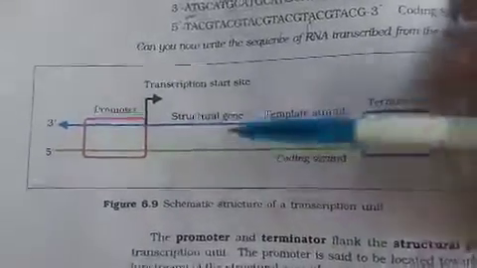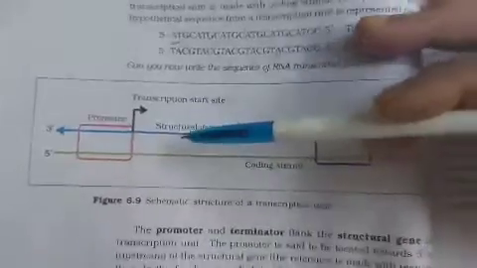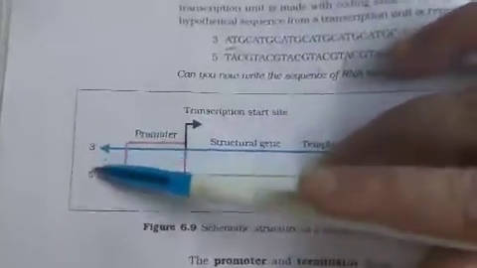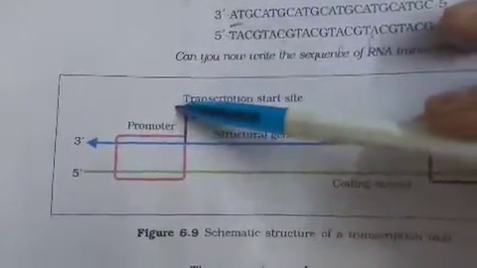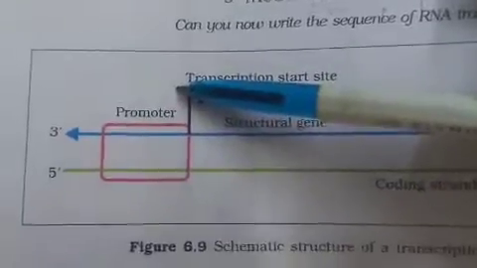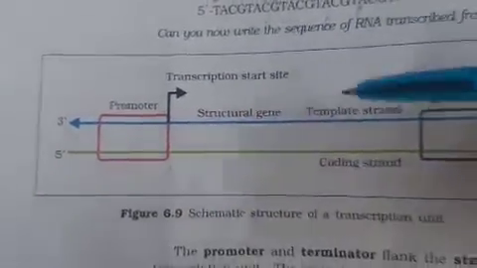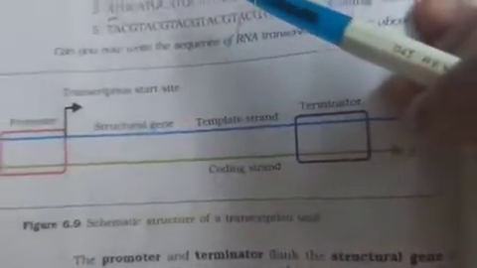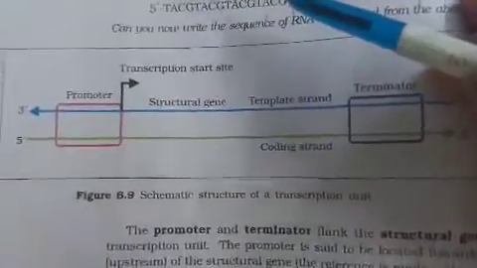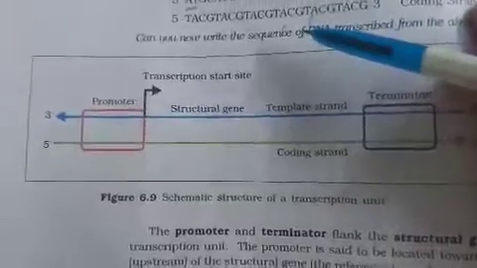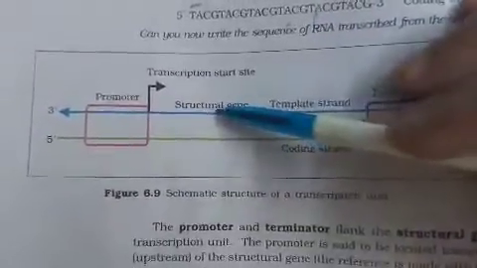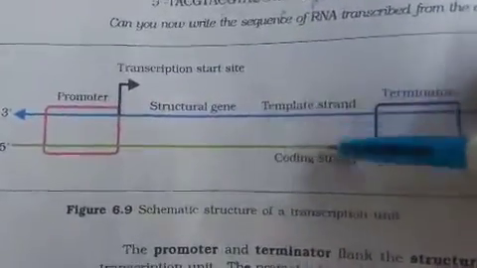The promoter is said to be located towards the 5' end. So structural genes flank in between, and the promoter is the DNA sequence that provides the binding site for RNA polymerase. It is the presence of the promoter in a transcription unit that also defines the template and coding strand.